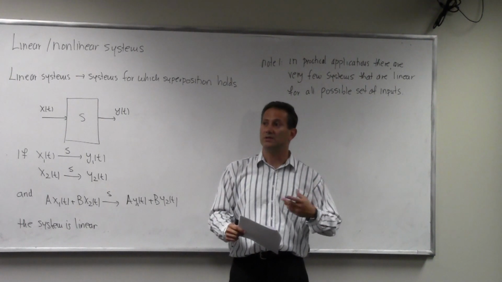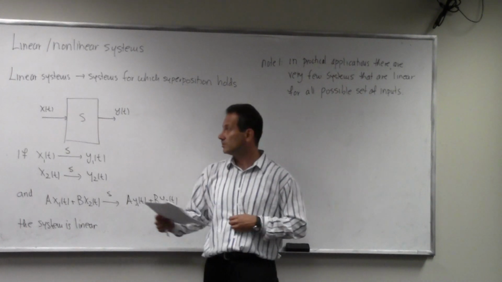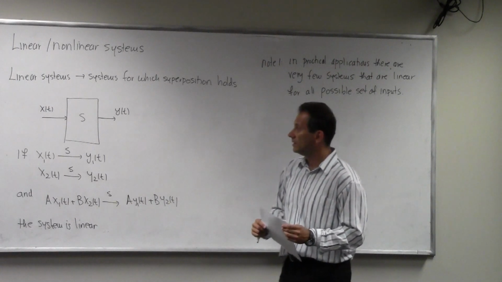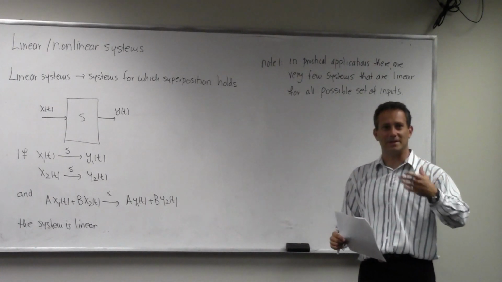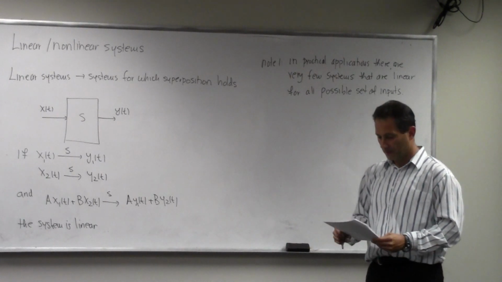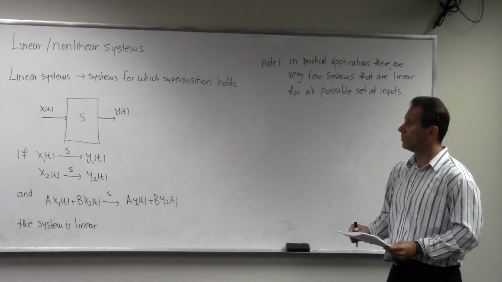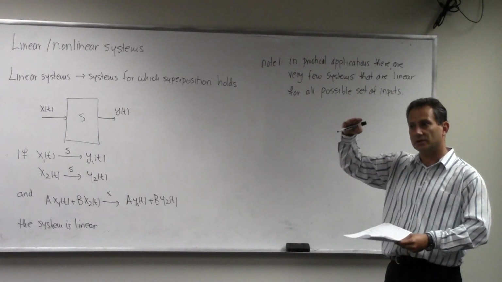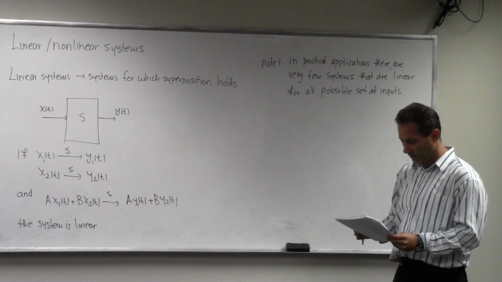Naturally, most systems are nonlinear. So this property is kind of a novel property. It doesn't occur on its own. It has to be either designed for or naturally occurs over a certain range of input values.